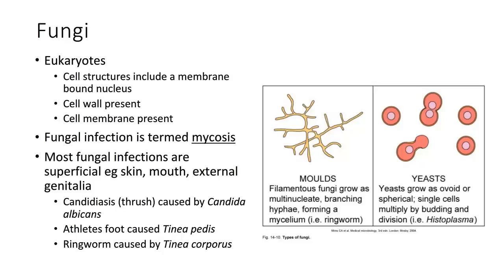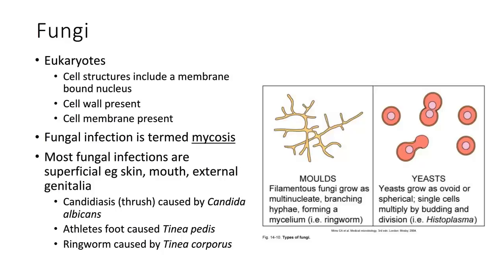And then the one we come across possibly the most in terms of things like nappy rash or overuse of corticosteroids, or every now and then we see it as a systemic infection in people who are immunocompromised, is Candida albicans. And so the disease is called candidiasis, and the cause is a fungus called Candida albicans.